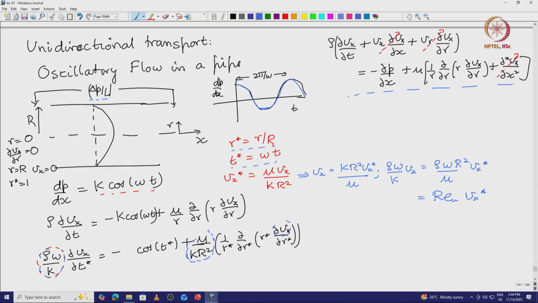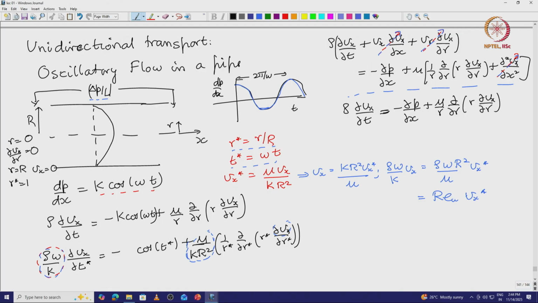So, because of that, the two convective terms in the differential equation are both 0. And the streamwise diffusion is also 0. And we are left with an equation rho times partial Vx by partial t is equal to minus partial p by partial x plus mu by r d by dr of r partial Vx by partial r.